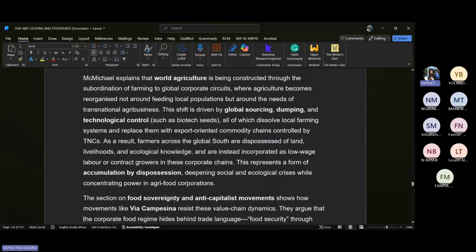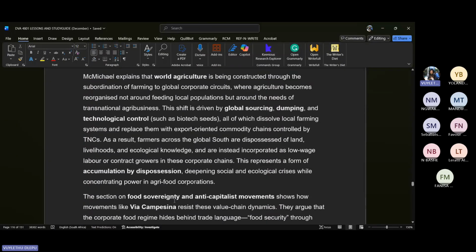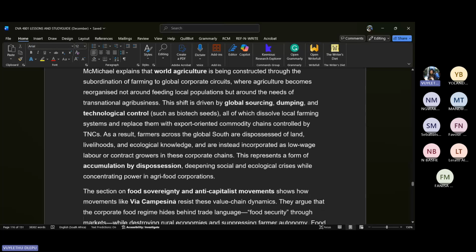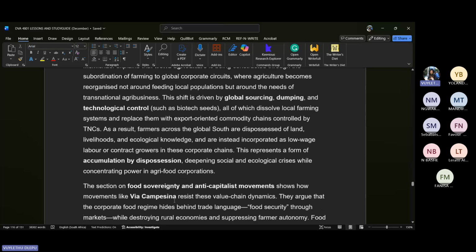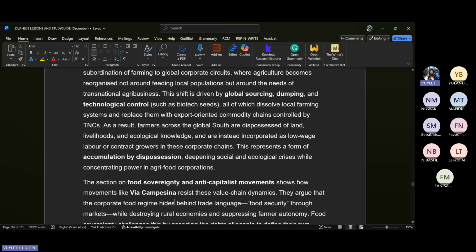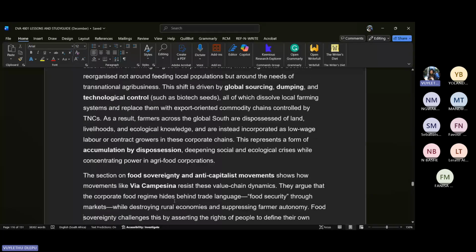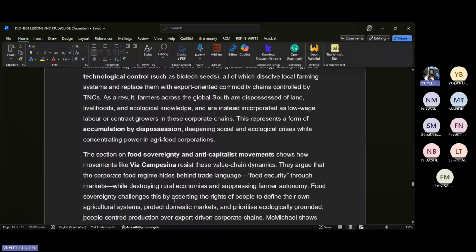As a result, farmers across the global south are dispossessed of land, livelihoods, and ecological knowledge, and are instead incorporated as low-wage labor or contract growers in these corporate chains. This represents a form of accumulation by dispossession, deepening social and ecological crises while concentrating power in agri-food corporations.